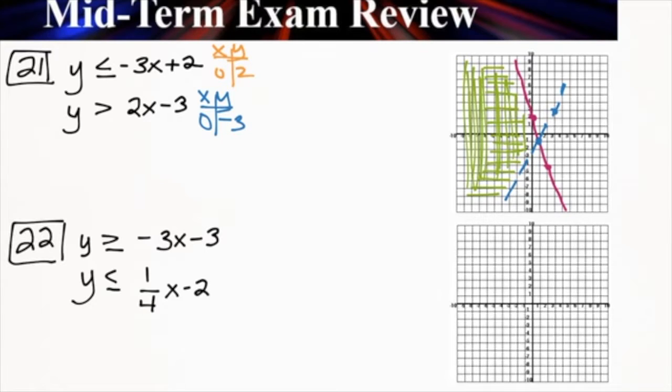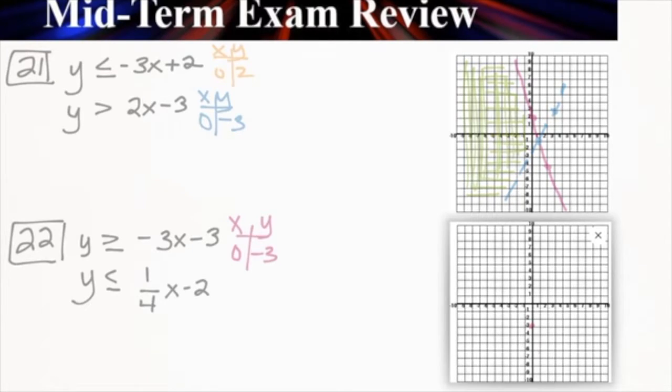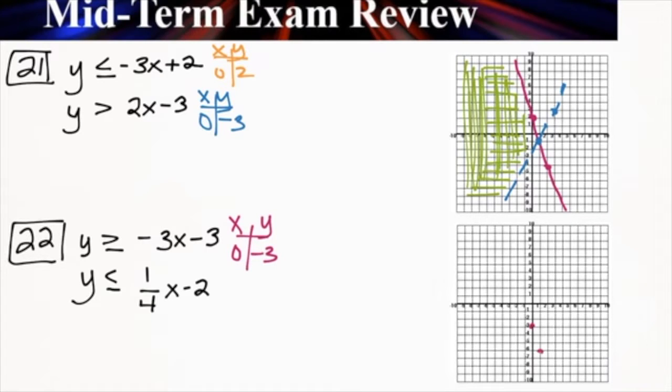Okay, let's try number 22. Again, I'm going to plug in 0 to get my y-intercept, which is -3. So I'm going to start there, and then we're going to go down 3 over 1. Okay.